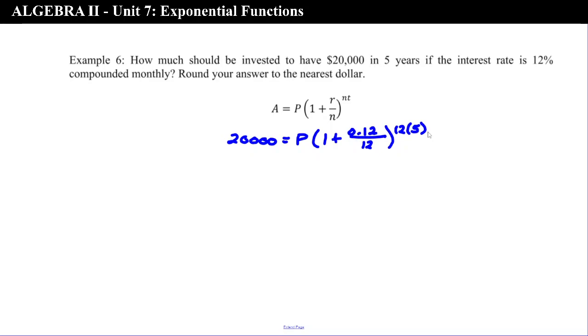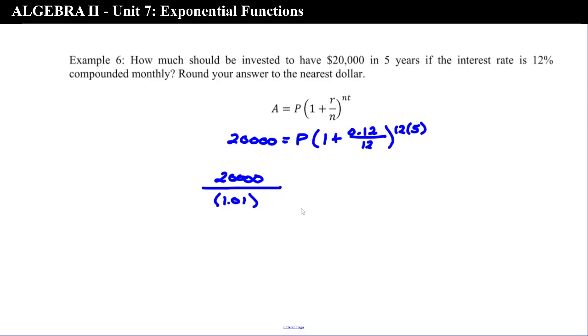Well, this one we can actually simplify pretty nicely without having any rounding errors. So we have 20,000, and we're going to divide that by this. So let's simplify the inside. If you do 1 plus 0.12 over 12, well, 0.12 over 12 is going to give you 0.01 when you divide this out. 1 plus 0.01 is 1.01.